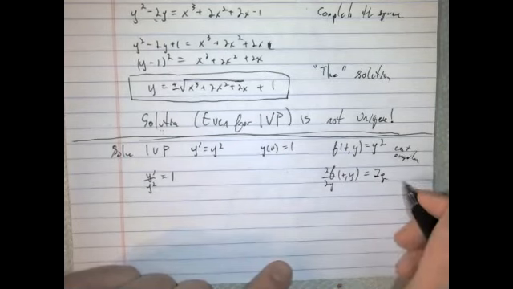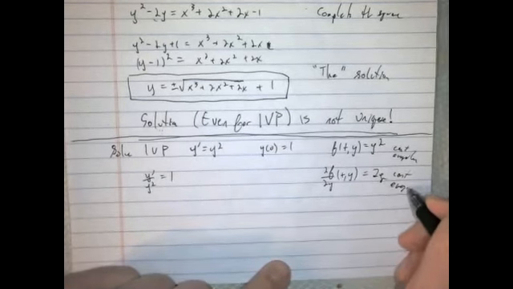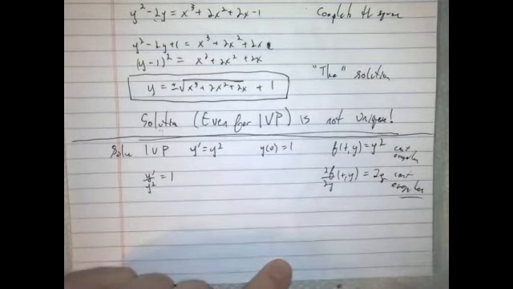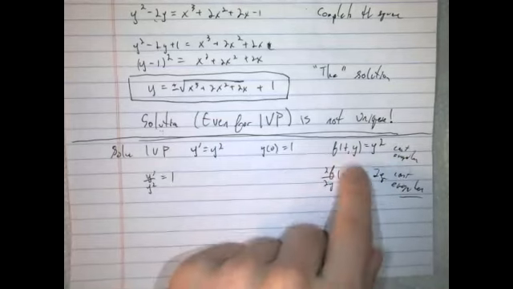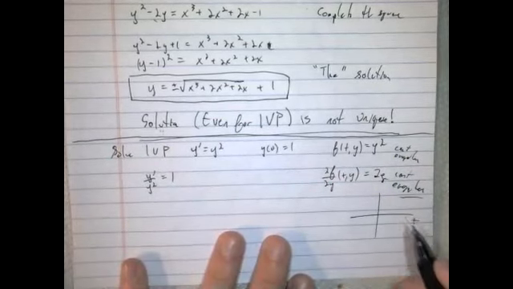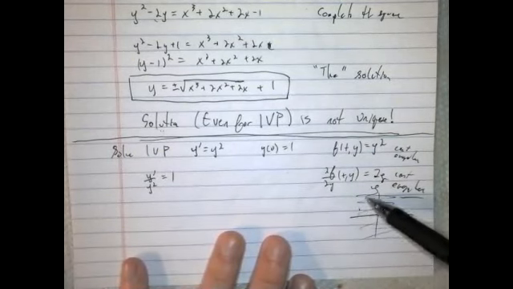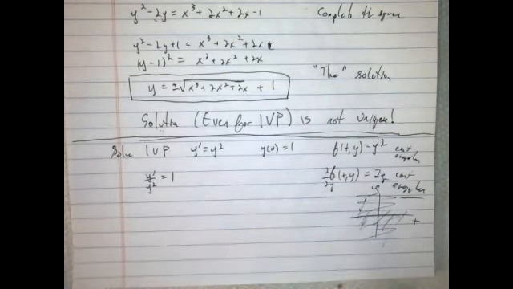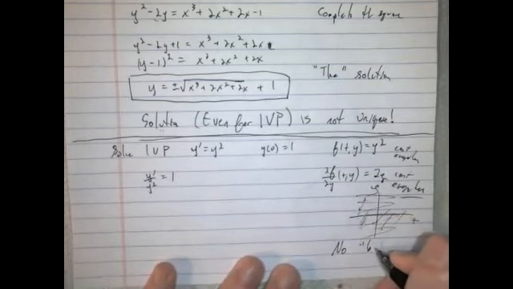And this is also continuous everywhere. That's terrible handwriting, but the point is, this pair of functions is continuous on the whole ty plane. There are no bad loci that we have to worry about.